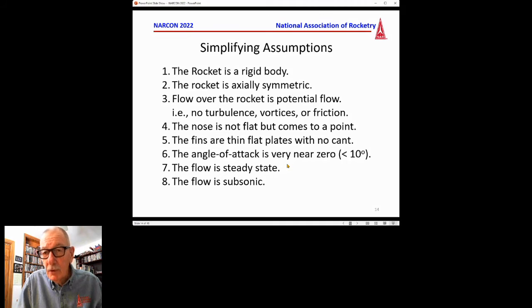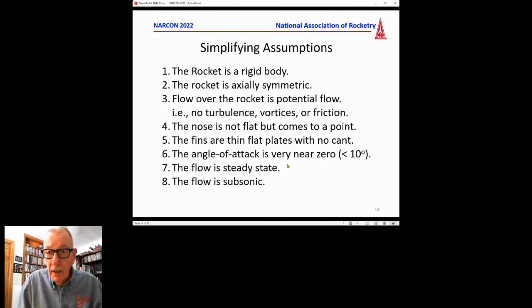That is not strictly necessary. You could have slight cants on your fins so the rockets will spin because of the cants. But you don't want to go too far with the cant, and of course you'd like them to be equal, or you run into another kind of stability problem, which is a dynamic stability problem. I'm not going to talk about that today, but most rockets don't have that problem.